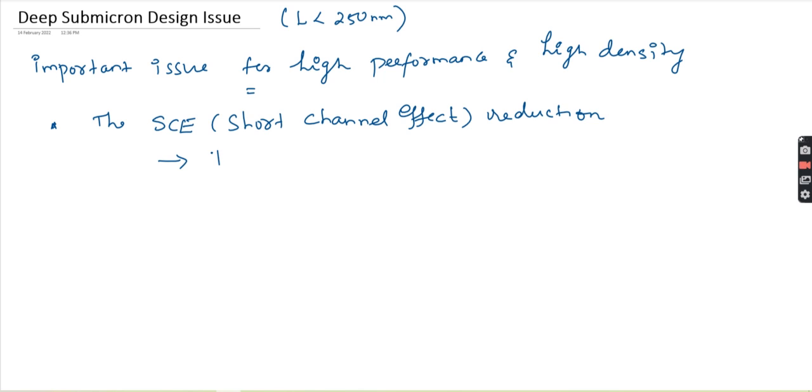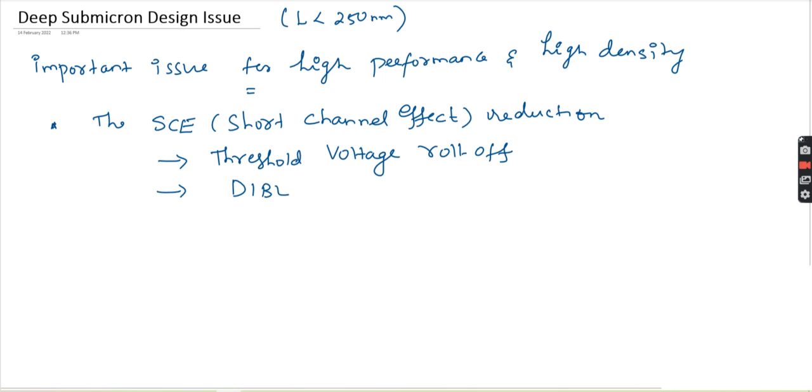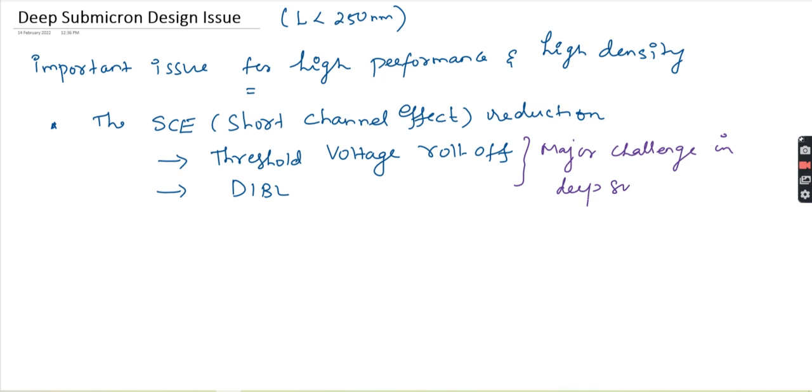The first one is threshold voltage roll-off. The second one is DIBL. These two become the major challenge in deep submicron devices.